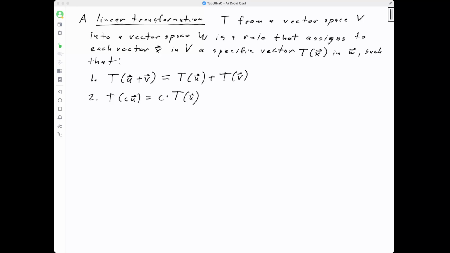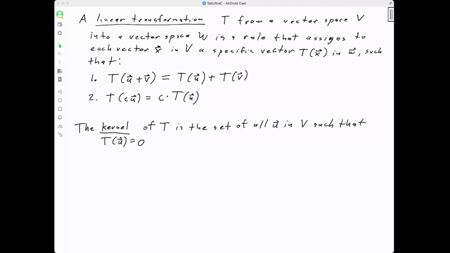We define the kernel, it's kind of like a popcorn kernel. The kernel of a linear transformation T is the set of all vectors u in V such that T of u is equal to the 0 vector.